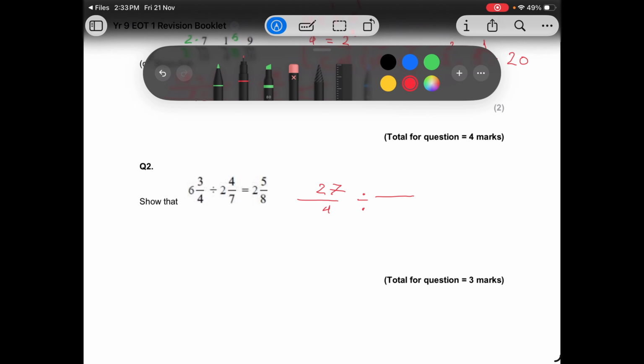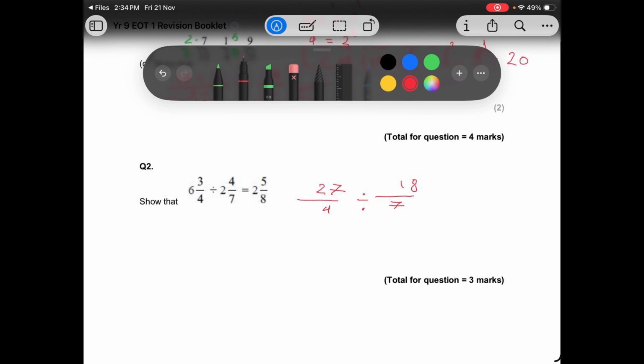Then 7 times 2 is 14 plus 4 is 18, 18 over obviously 7.